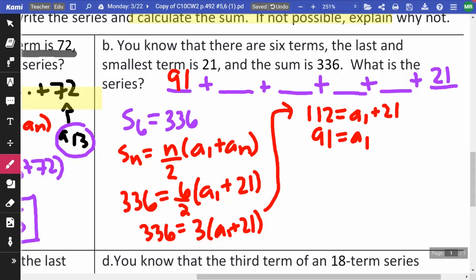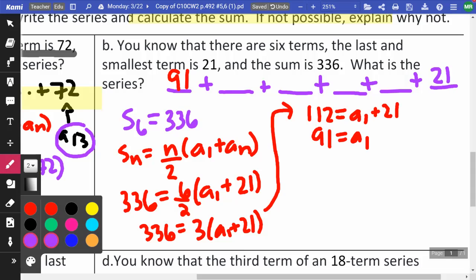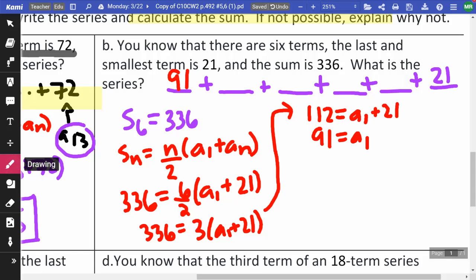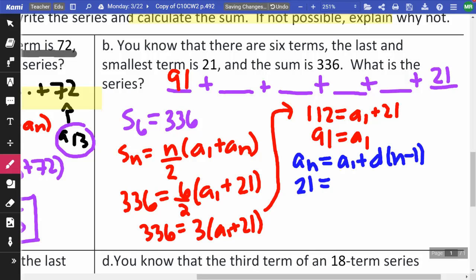Now I need to figure out what I am doing to get the rest of the terms. So this time I am going to use my A sub n. I know A sub n is equal to my first term plus some common difference times n minus 1. I know my last term is 21, my first term is 91, and that 21 is my 6th term.